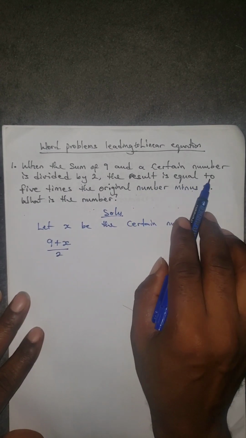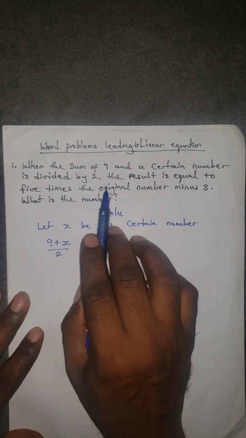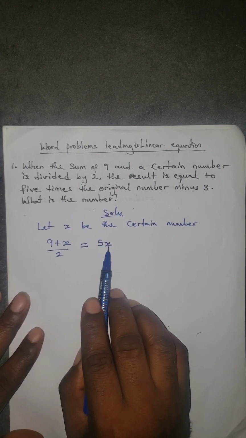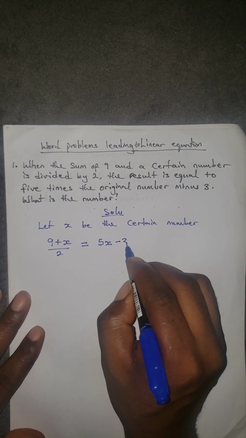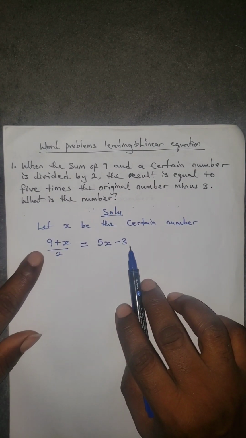The result is equal to, so you put equal to 5 times the original number, which is x, that's our certain number, minus 3. So you can see that it has given us a simple equation.